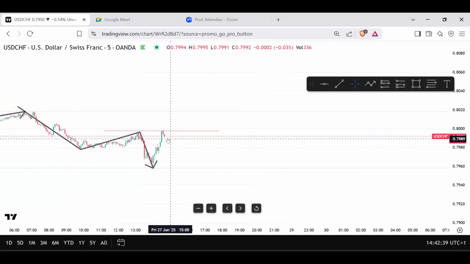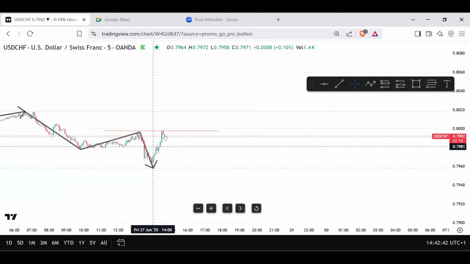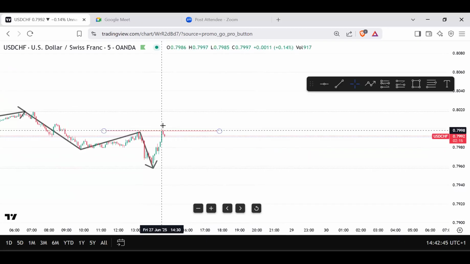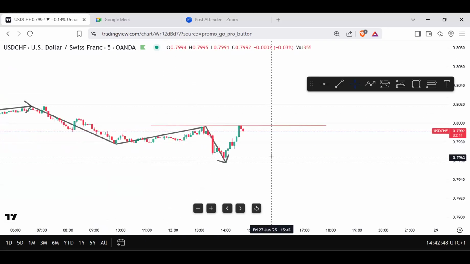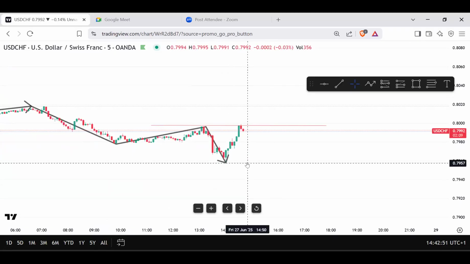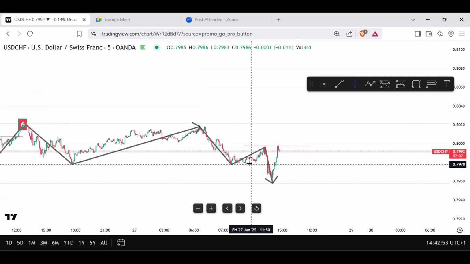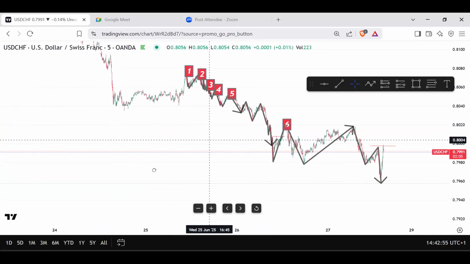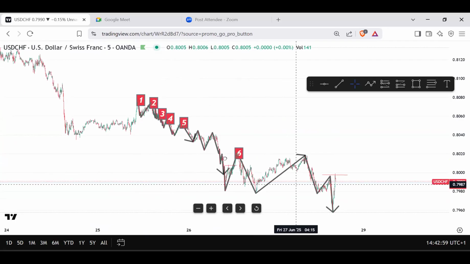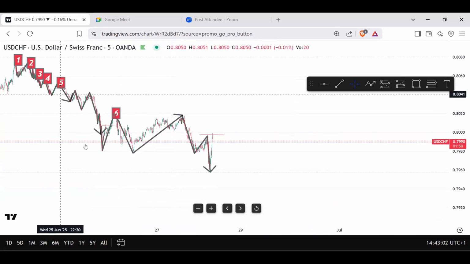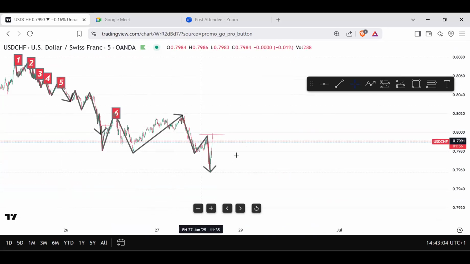Like this trade, now that I know that correction has happened, I'll be looking at it. We're going to talk later more on how to enter trades. But from what we can see, the trend is bearish and it's doing correction, impulse, correction.